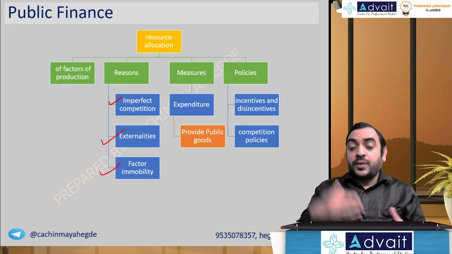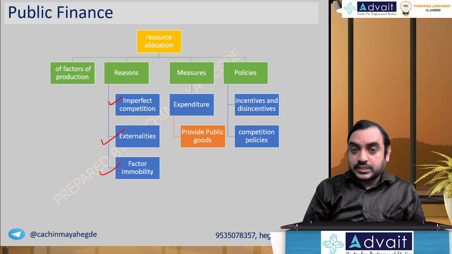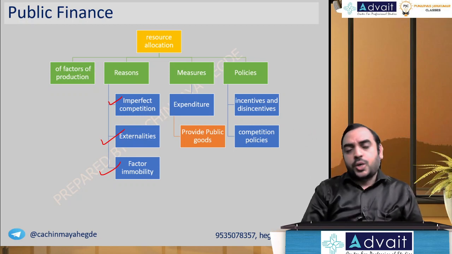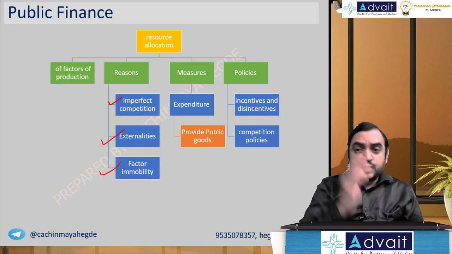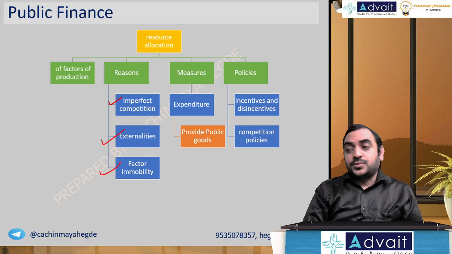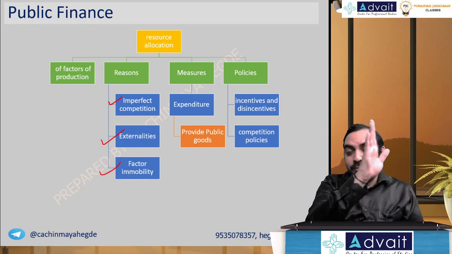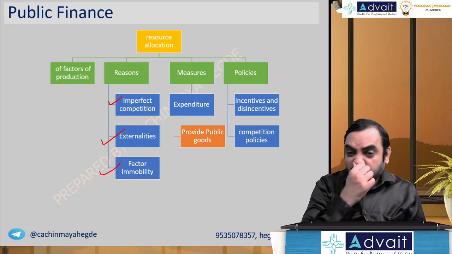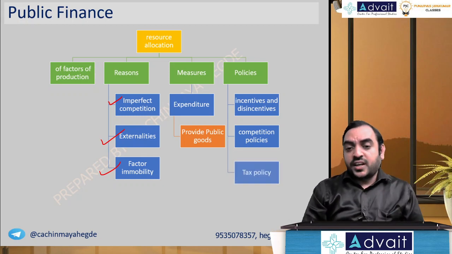We want to have competition, so we have competition acts. We also had the Monopolies and Restrictive Trade Practices (MRTP) Act, but now it is the Competition Act. There's even one case going on. Every day news comes. Future Retail amalgamated with Reliance. Amazon has filed a case that there are some problems there, they cannot be amalgamated. Anyway, competition policy is the government's responsibility.